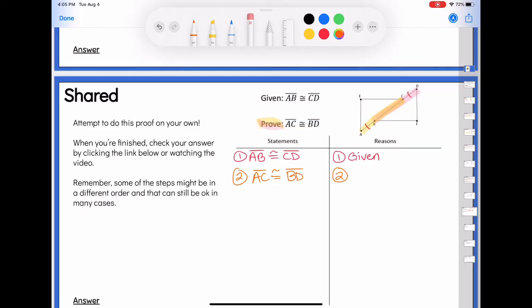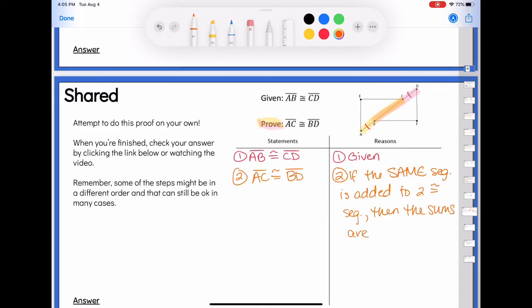If the same segment is added to two congruent segments, then the sums are congruent. All right, so this was the addition property, so make sure you have that good vocabulary. And we are adding the same segment to the two congruent segments.